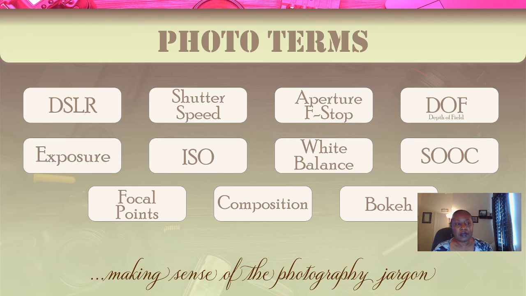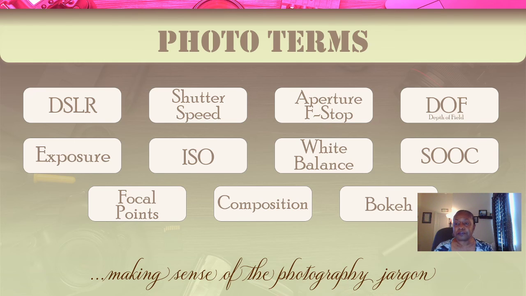So we talked about DSLRs, the digital cameras, shutter speed, the element of exposure, aperture or f-stop. Those are two interchangeable terms. Depth of field, how much of the foreground or background is in or out of focus. Exposure, the amount of light. ISO, the speed at which the sensor is reacting to light. White balance, getting rid of some of those color casts.